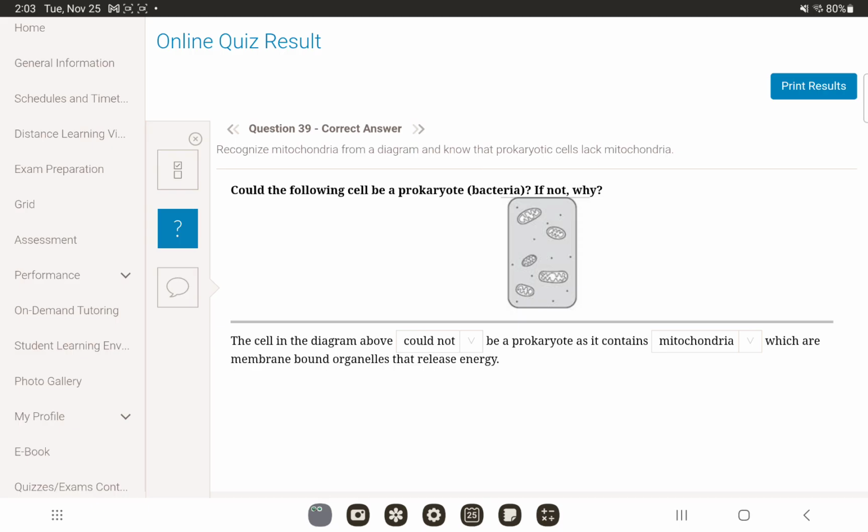The way to know they're asking about mitochondria in the second blank is that, generally speaking, a mitochondrion is what releases energy. Therefore, here they want mitochondria. If that makes sense, I hope it does. Sorry. So basically, they said membrane-bound organelles that release energy. So logically, it's a mitochondria.